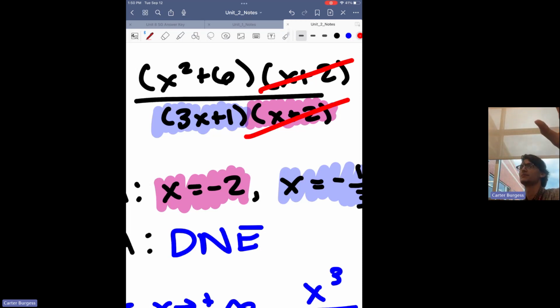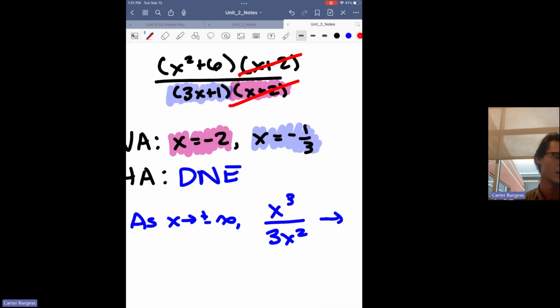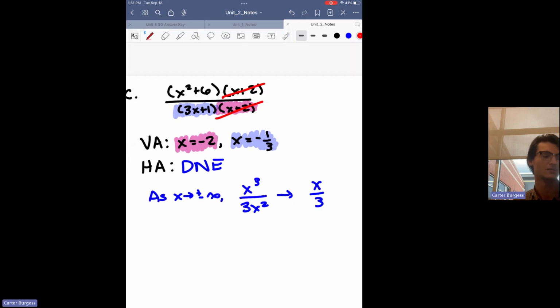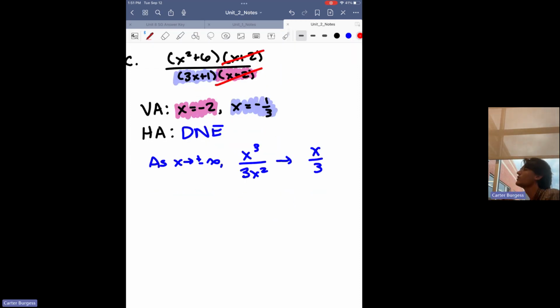But right at negative 2, I end up with 0 divided by 0. Plug negative 2 into this function, and you'll end up with 10 times 0 over negative 4 times 0. That's 0 over 0. And so only at the 0 do we have this issue.